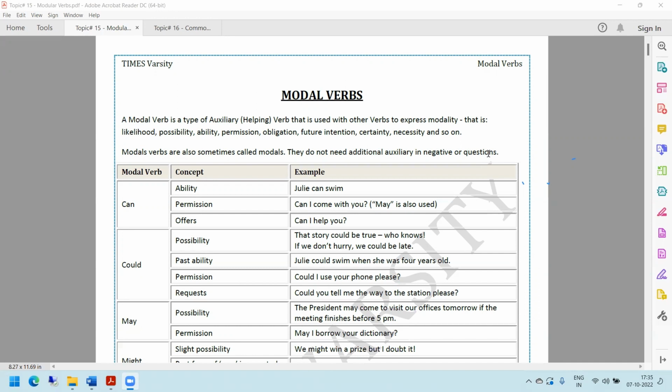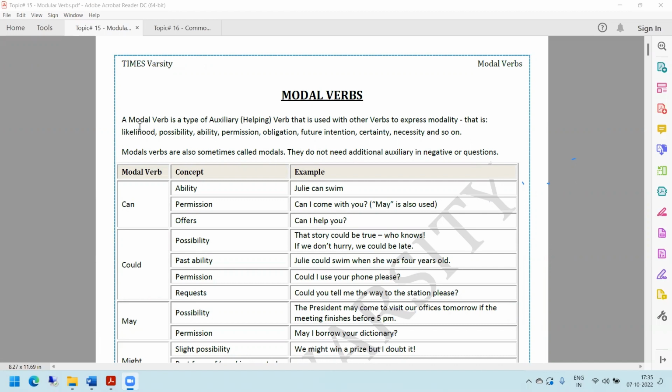Like in the case of present continuous tense, helping verbs are used: is, are, am, right? Similarly, in past, was, were; in future, will, right? So these are the examples of helping verbs.